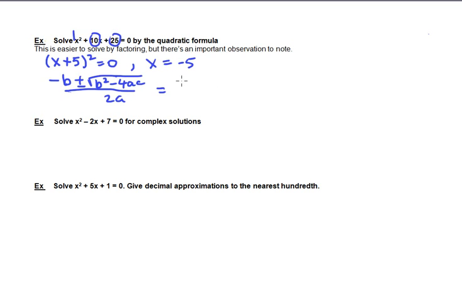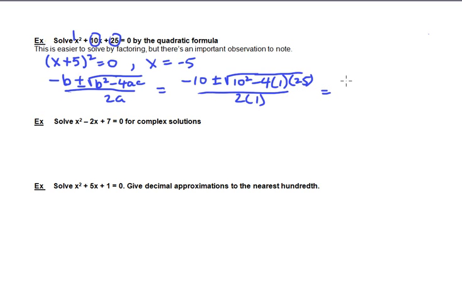We've got negative b is negative 10, plus or minus the square root of b squared, so that's going to be 10 squared, which is 100, minus 4 times 1 times 25, whole thing divided by 2 times 1.